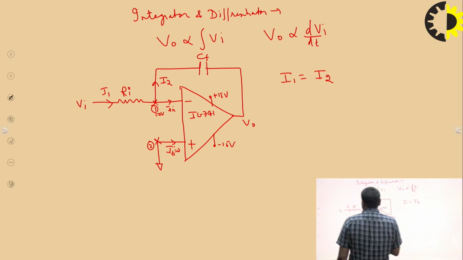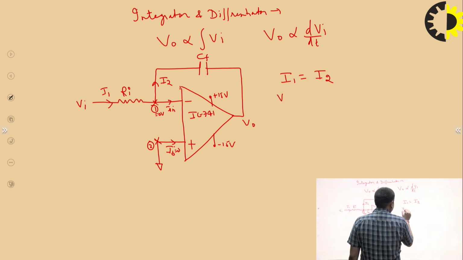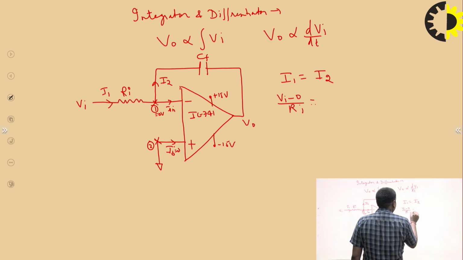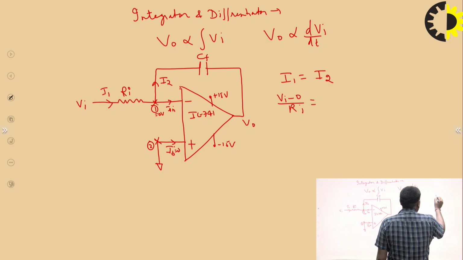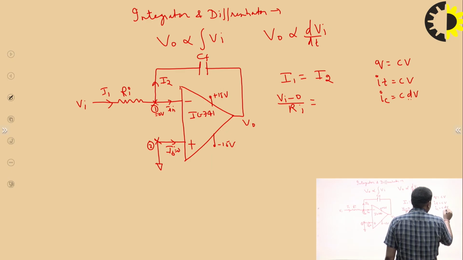So how do we calculate I1? For I1, we take the potential difference across the resistance, which is Vi minus 0 upon Ri. I2 is the current flowing in the capacitance circuit. We know that Q is equal to CV, Q is equal to IT, so the current in a capacitance is I equal to C dV by dt.